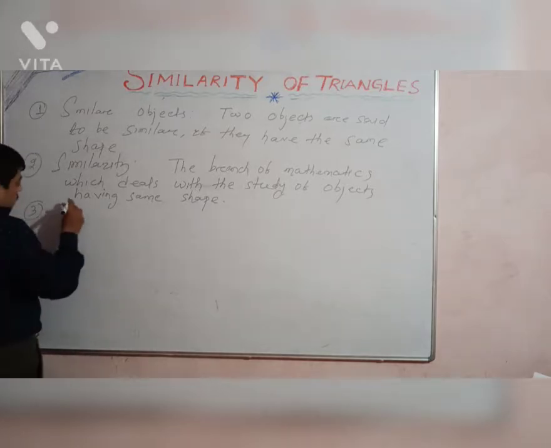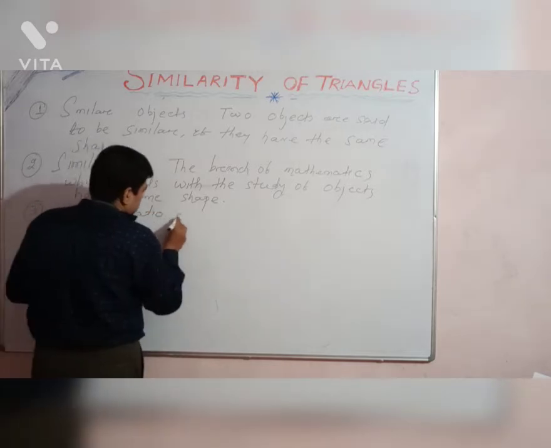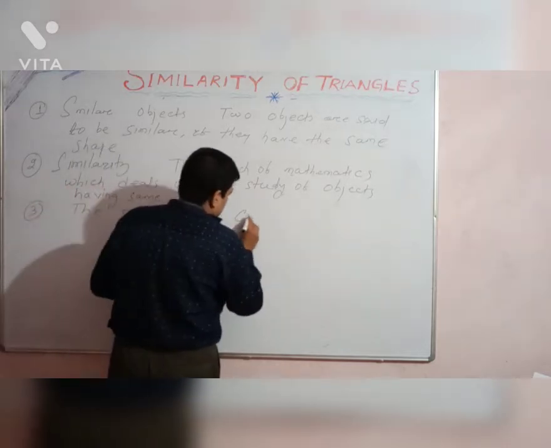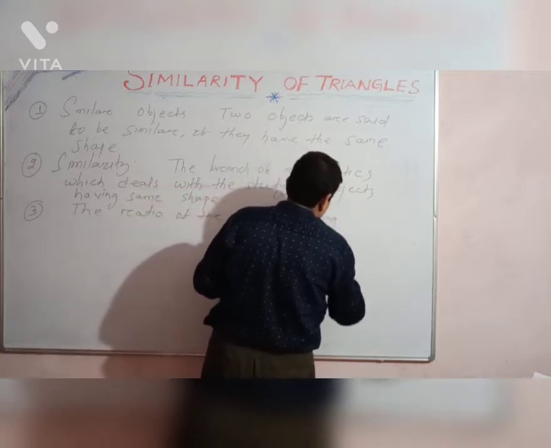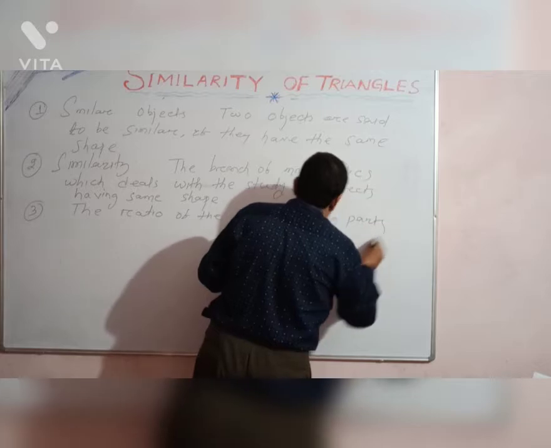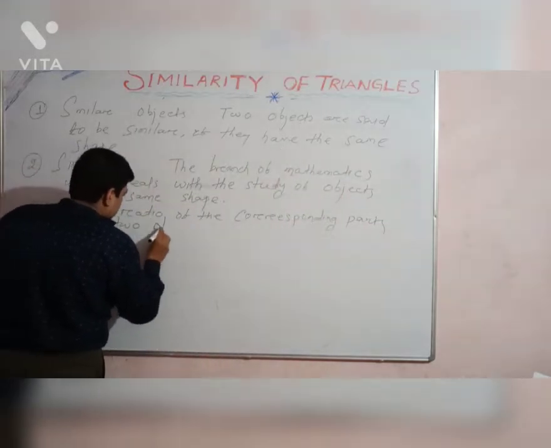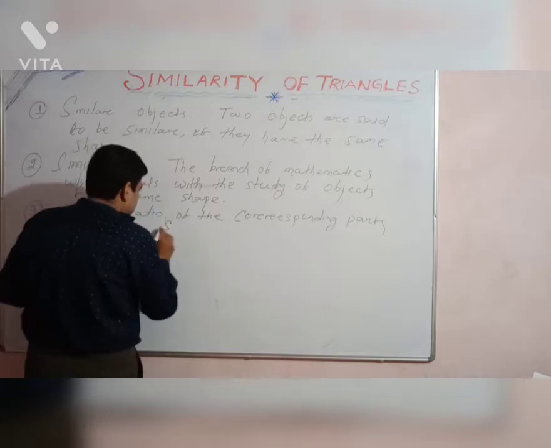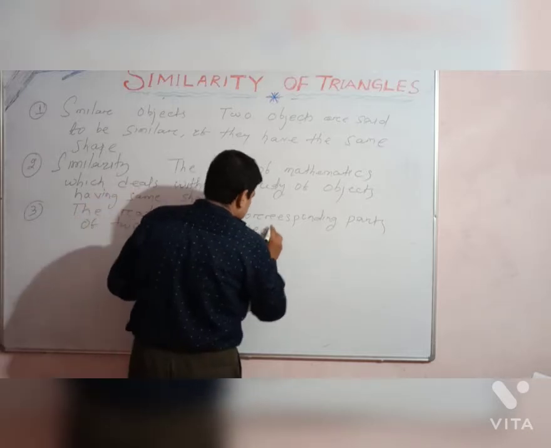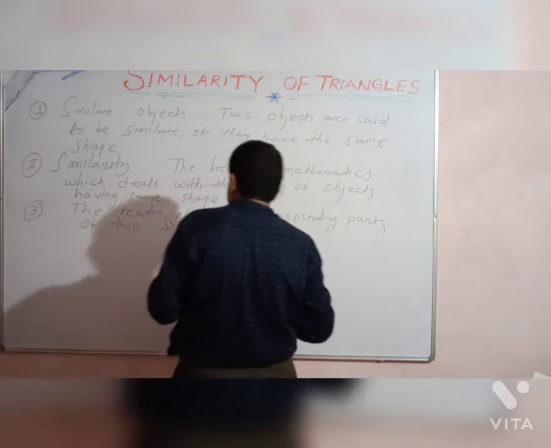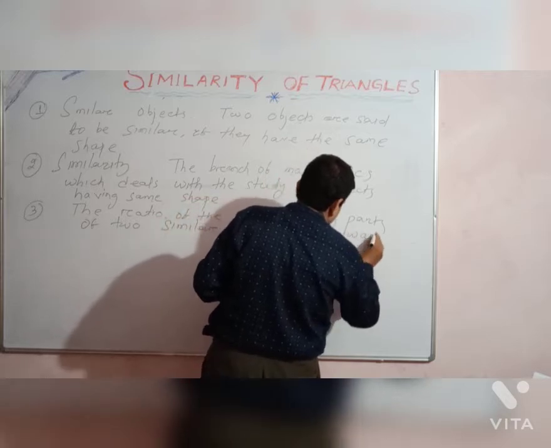Remember, students, the ratio of the corresponding parts of two similar objects, meaning objects having the same shape, is always equal.